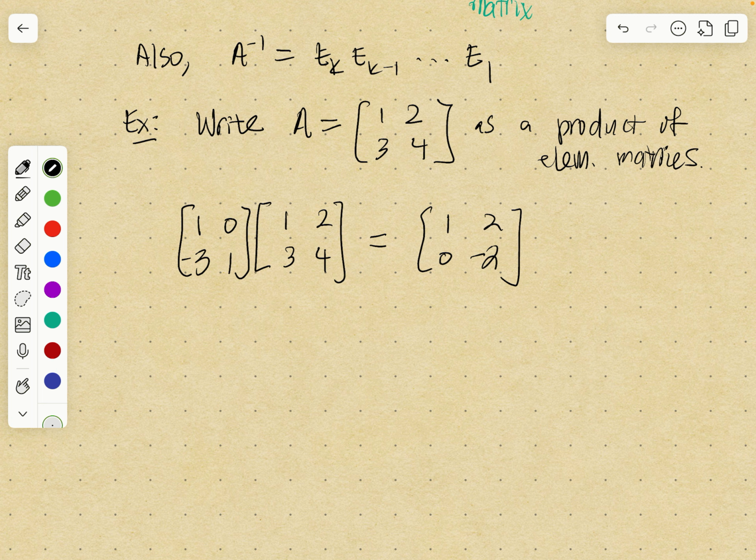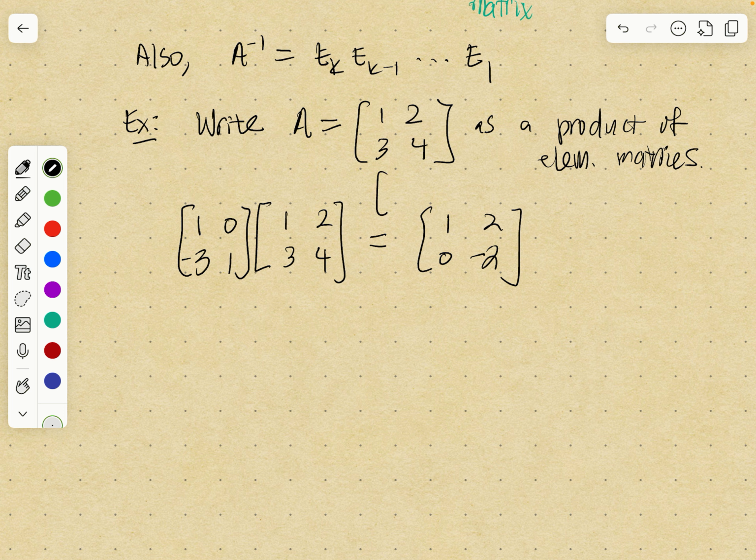Now you take that, and then what's the next step in the row reduction here? There's one of two things, but one thing you can do is you can multiply row 2 by negative 1/2.